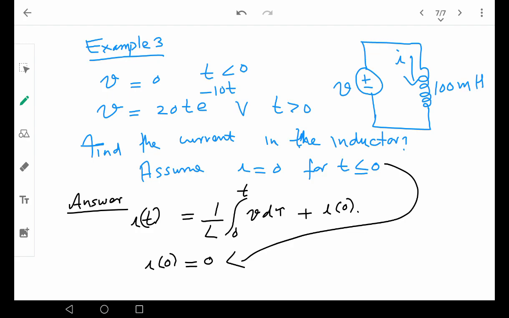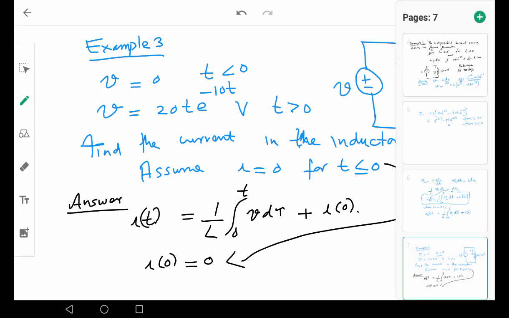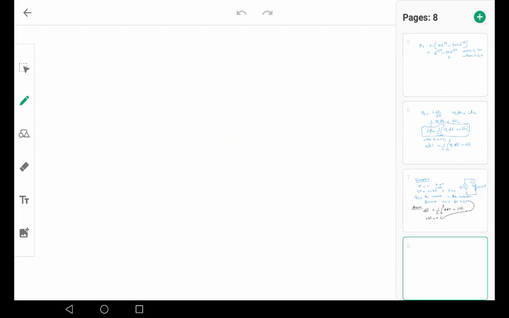So now we can write this thing as IL equal to 1 by L integral 0 to t VL dt, right? Now you know VL is, so this is equal to 1 by L, which is 1 by 100 millihenry, right?